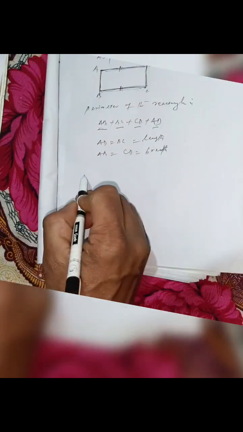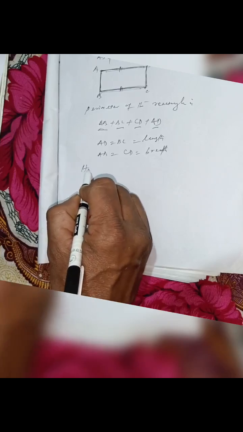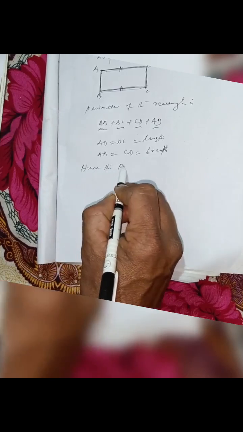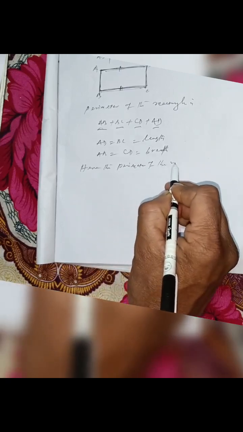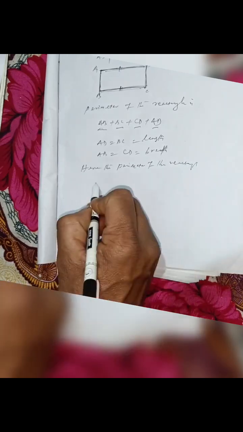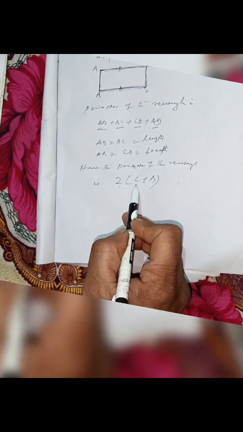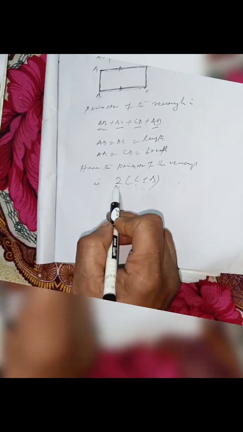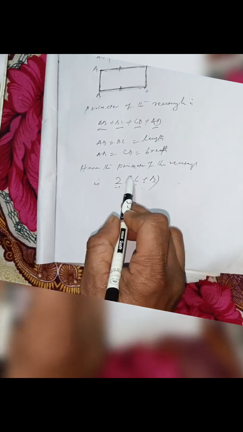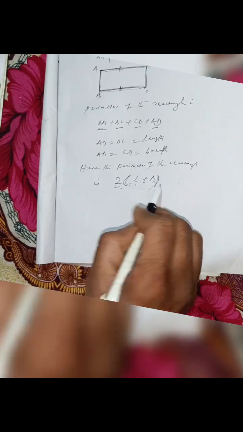So the perimeter of the rectangle is 2 into L plus B. Why is it 2 into L plus B? The number of lengths is 2 and the number of breadths is 2. So when 2 is common, it becomes L plus B. So the perimeter of the rectangle is 2 into L plus B.